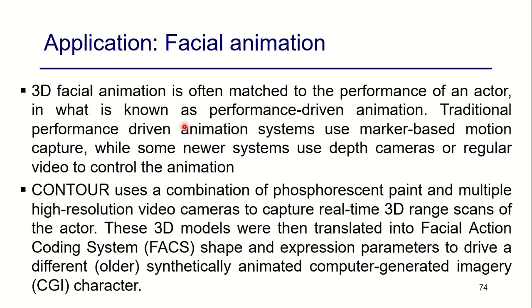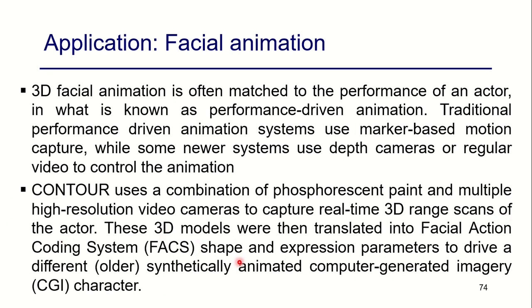3D facial animation is often matched to the performance of an actor in what is known as performance-driven animation. Traditional performance-driven animation systems use marker-based motion capture, while some newer systems use depth cameras or regular video to control the animation. Contour uses a combination of phosphorescent paint and multiple high-resolution video cameras to capture real-time 3D range scans of the actor.